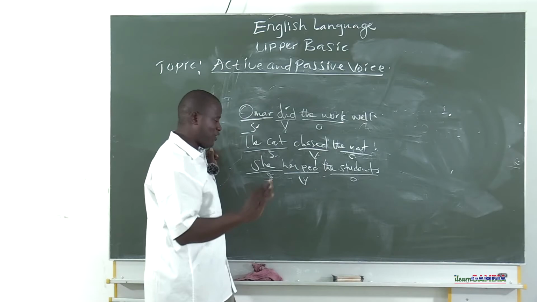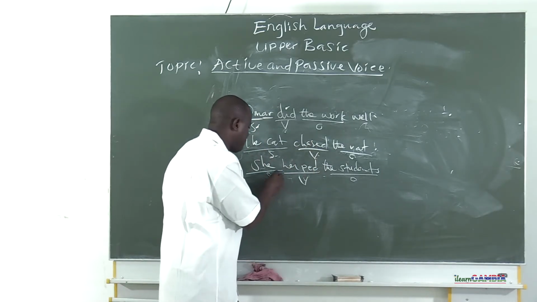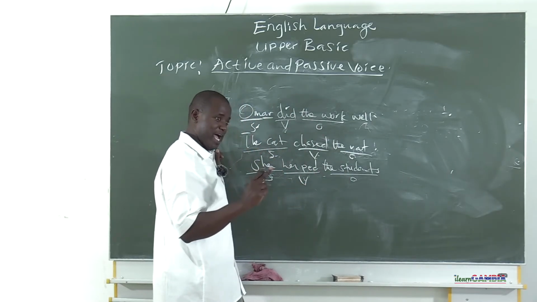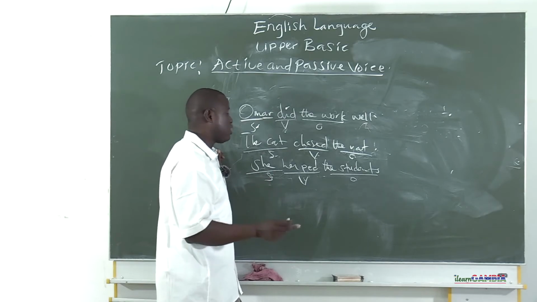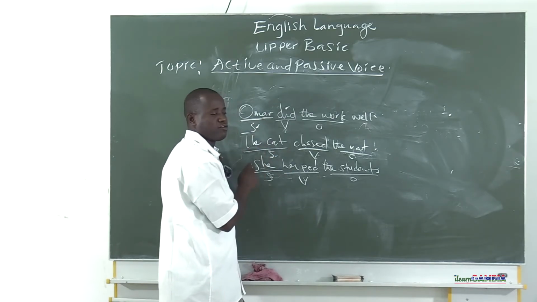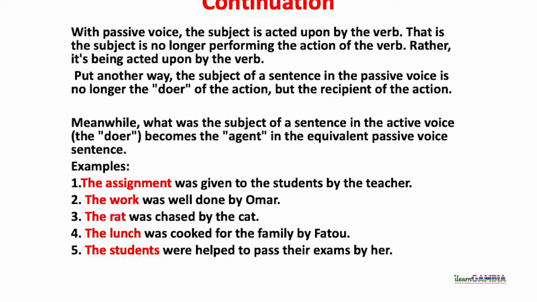So in an active voice, you have a subject, a verb, and an object. The subject is the doer of the action, and the object is the receiver of the action. Unlike a passive voice, where the subject is the receiver of the action. We move on. With a passive voice, the subject is acted upon by the verb.